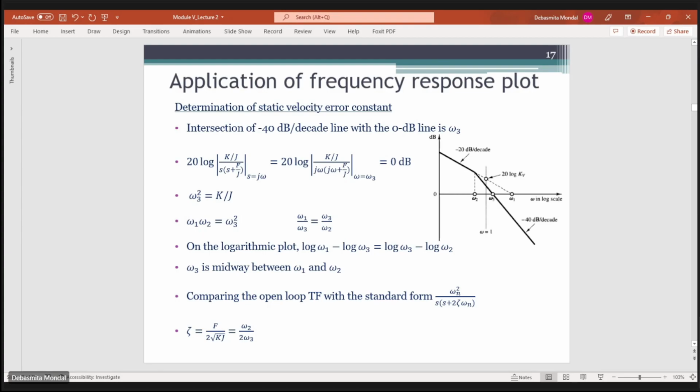Omega 2 is known to us, omega 1 is already known to us, so we want to find out the value of omega 3. For omega 3, we will simply write the magnitude. So 20 log of the given transfer function at omega equals omega 3 will be equal to 0 dB, since this is the Bode plot of the overall system.